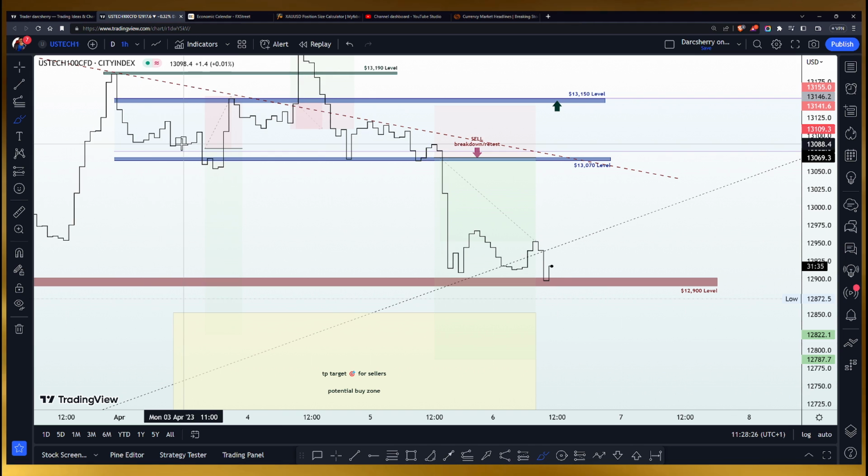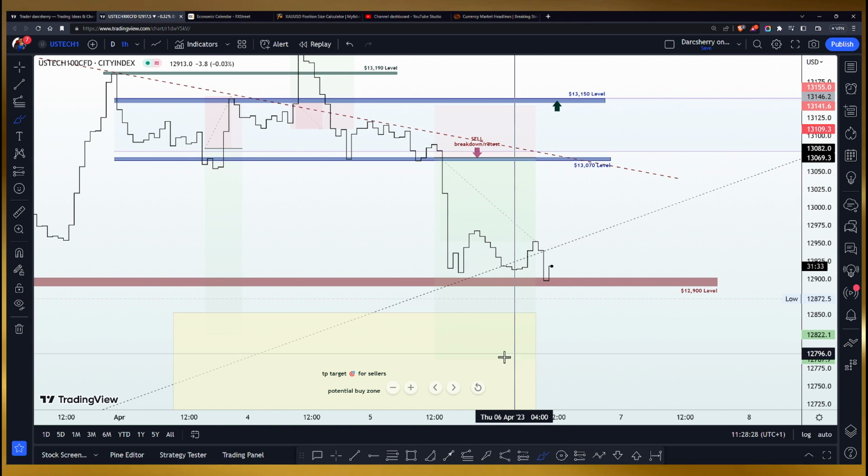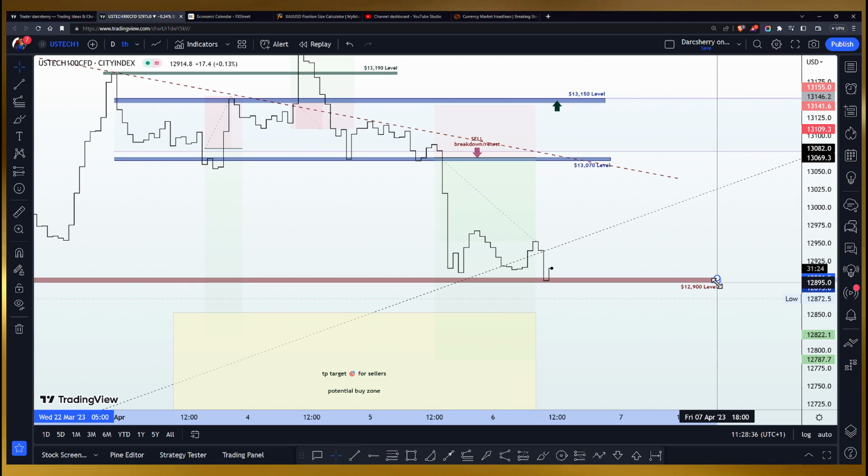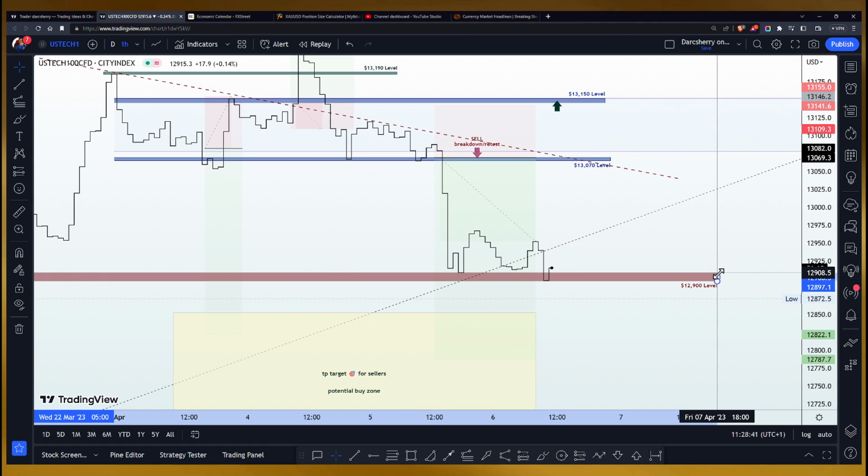So when we bring out our line chart at this juncture, the first thing we're going to do, since we already have the support line figured out here at the 12,900, I want to do some readjustment. Okay, 12,900.